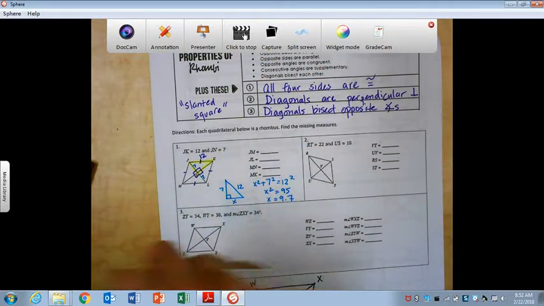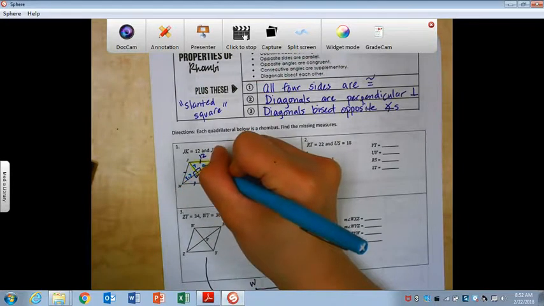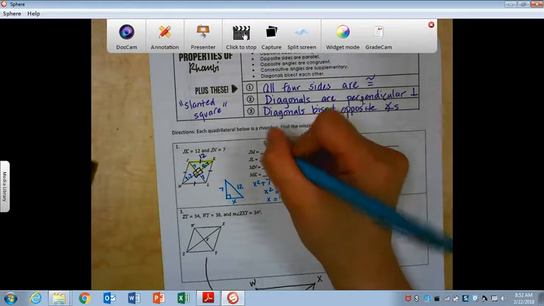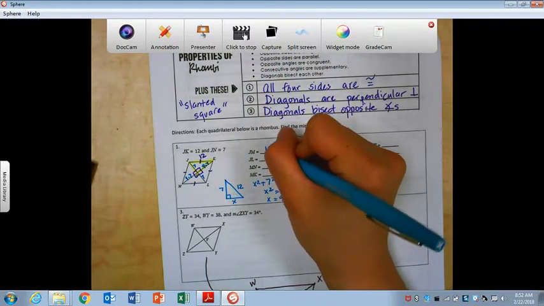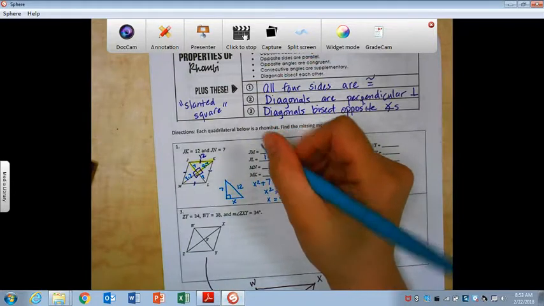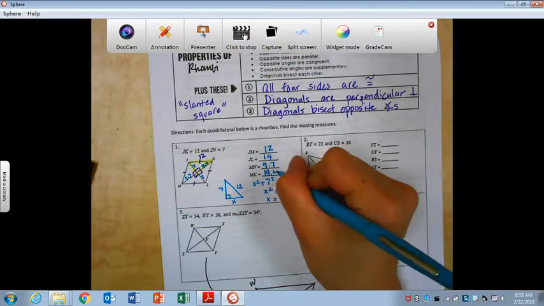So now this is 9.7, and that's 9.7. So we can complete all these things: JM is 12, JL is 14, MN is 9.7, and MK is 19.4.